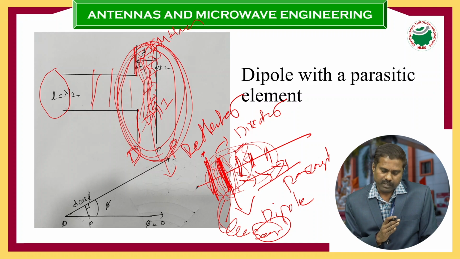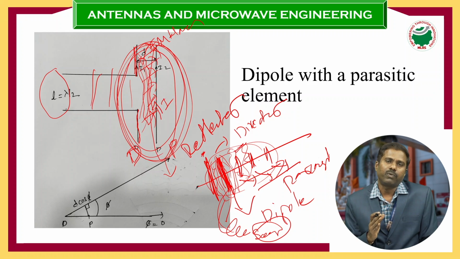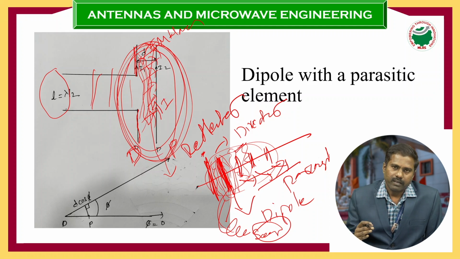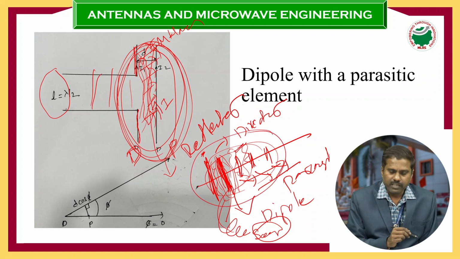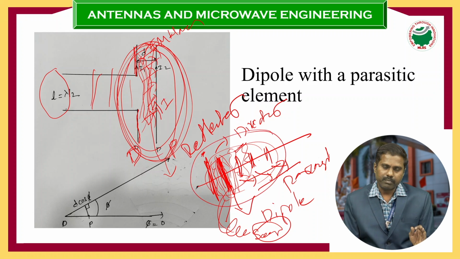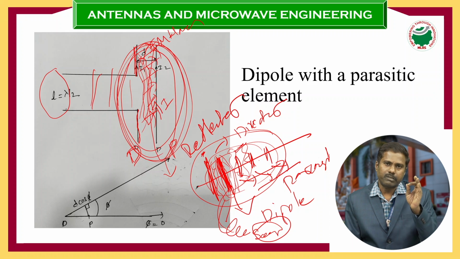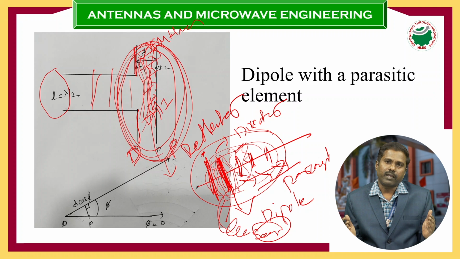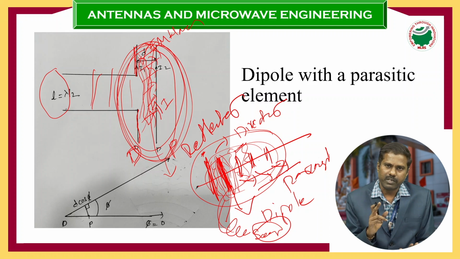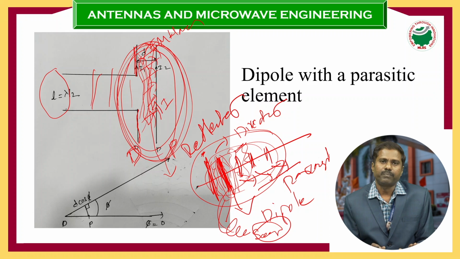After getting the induced current, there will be a flow of electrical charges in those radiators. Again, these radiators restart the radiation around the parasitic elements. That means by giving source to one, we are getting more gain through the parasitic elements.